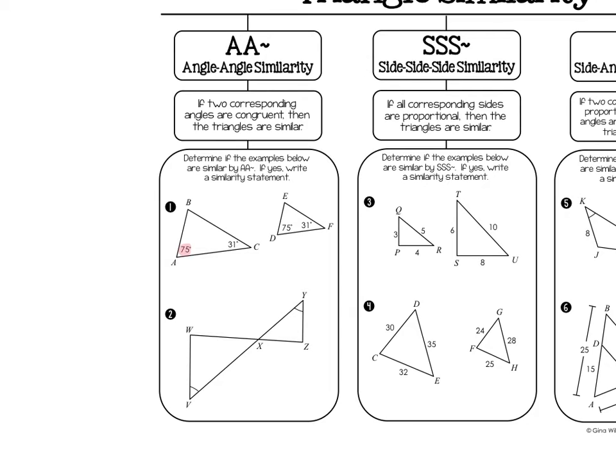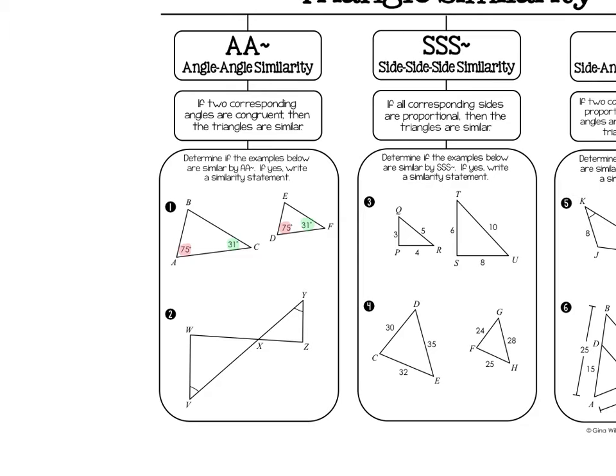angles that are 75, one in each triangle, and then we have 1 angle in each triangle that's 31 degrees. So if we have those 2 angles the same, we know the third angle's the same. There's something called the third angles theorem that tells you that if 2 angles of one triangle are congruent to 2 angles of another, then their third angles are both congruent.